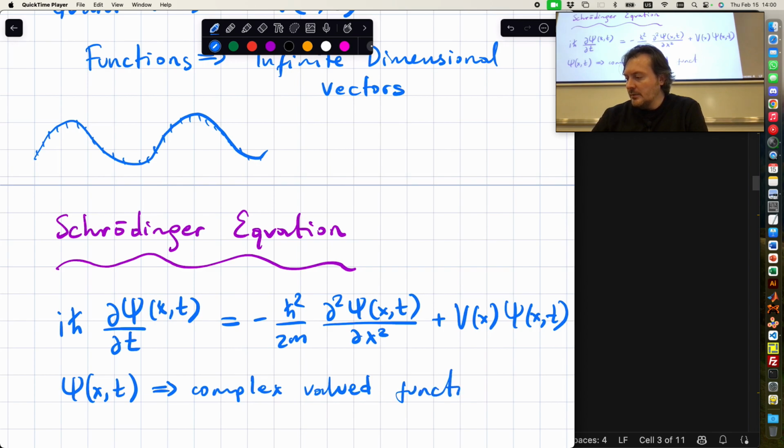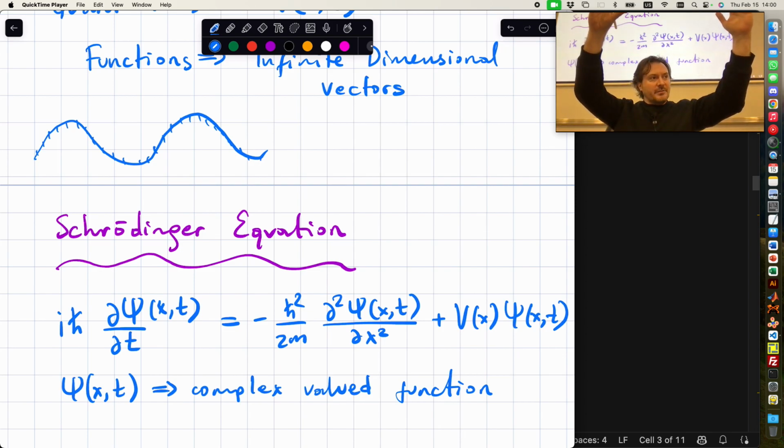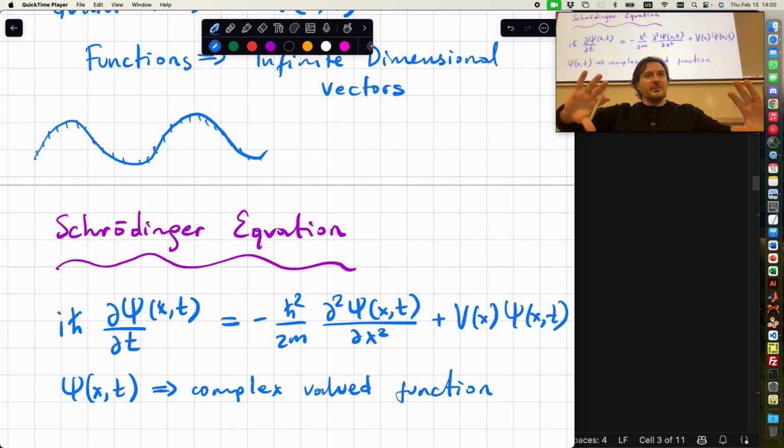That way, you can also write this equation down without i. How? As a coupled system of PDEs, as a coupled system of the real part of the wave function and the imaginary part of the wave function.